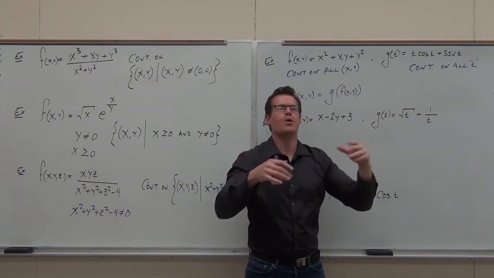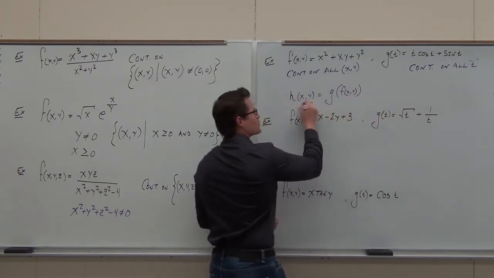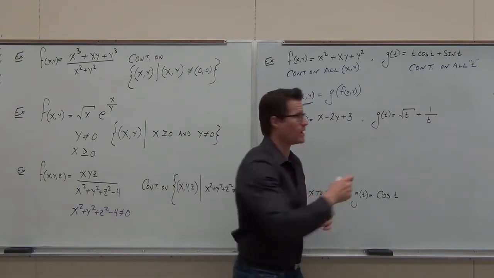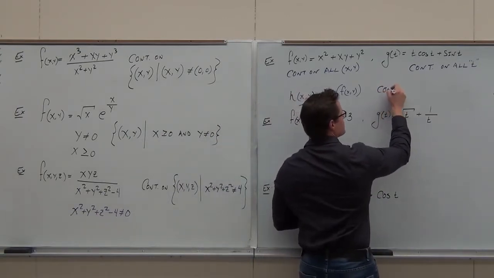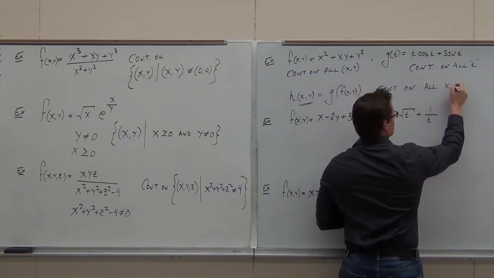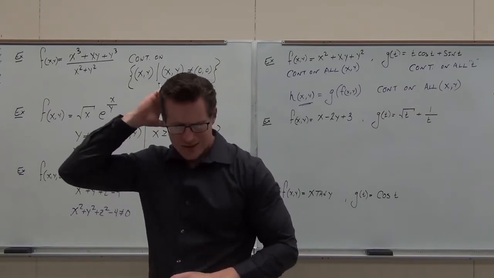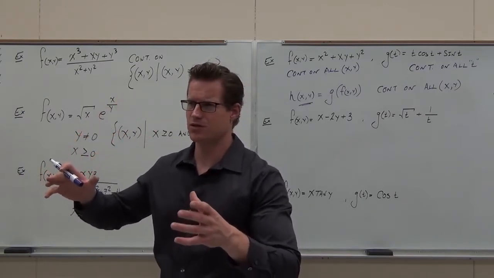Everywhere. But we're going to be in terms of whatever that says. So h of xy, that's why it says xy, because you're going to be ending with xy's. This would be continuous also on all ordered pairs. Does that track with you?